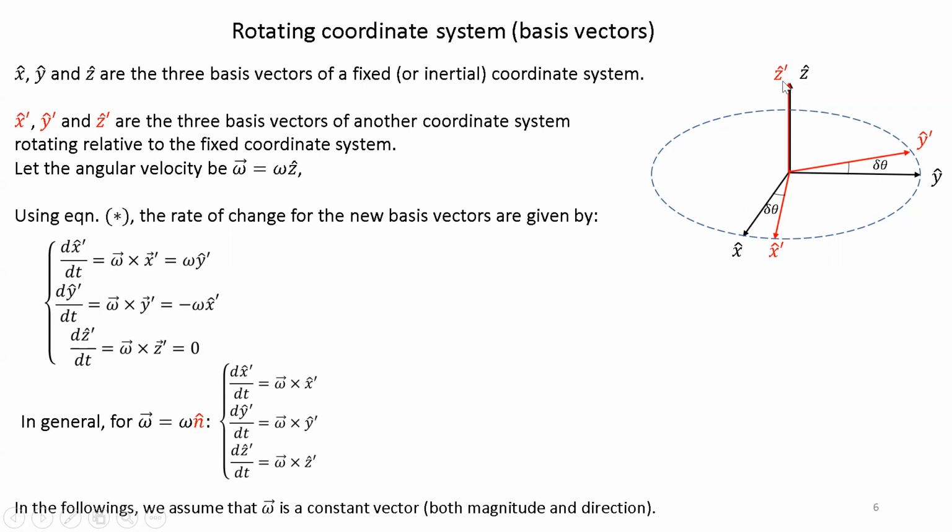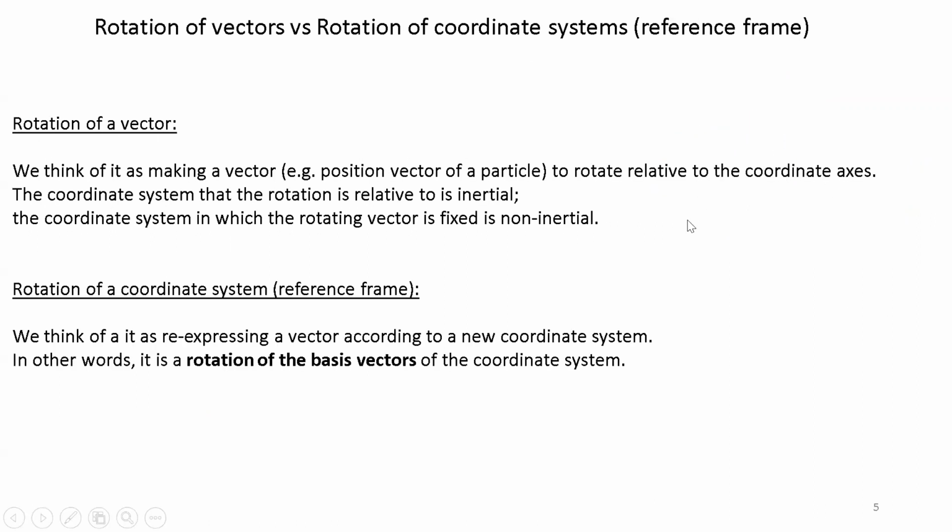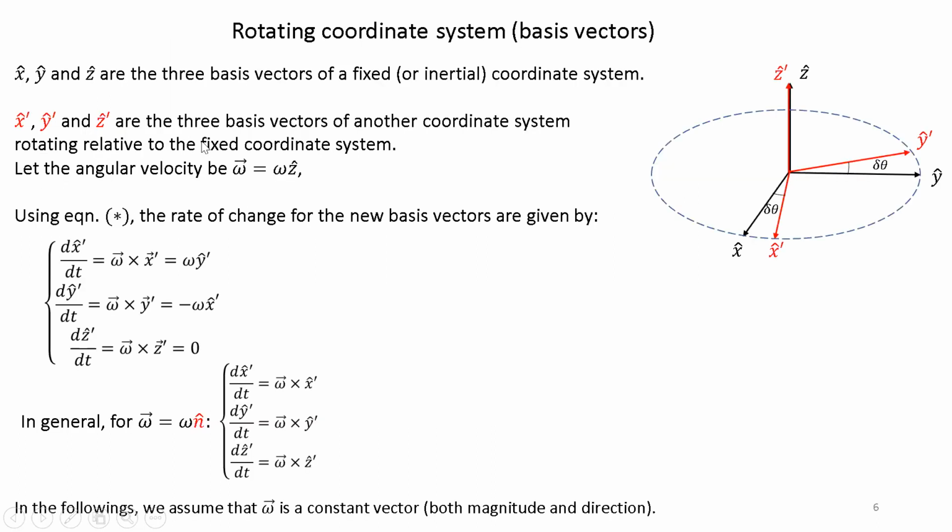So you need to express the same vector in terms of x hat prime, y hat prime, z hat prime. So to describe the rotations of a coordinate system, basically what we are going to do is describe the rotation of the basis vectors.